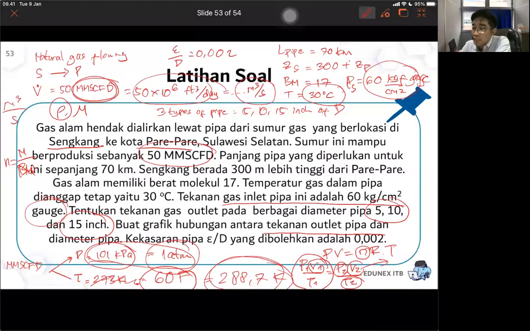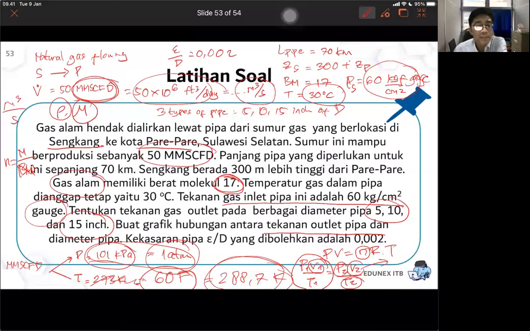How about the viscosity? Shear stress. No need. You know the gas has a certain molecular weight. So please find out what type of natural gas has a molecular weight of 17. Kira-kira apa? Di atas oksigen 1, sir. Di bawah dong. Di bawah. What is natural gas composed of?